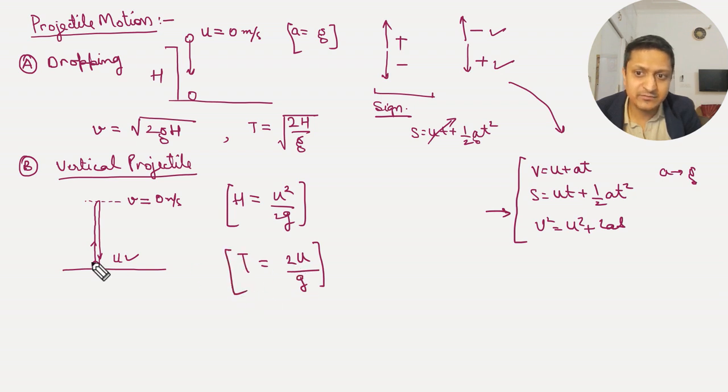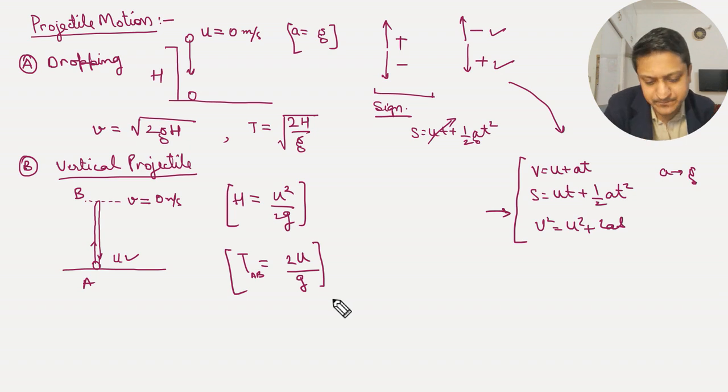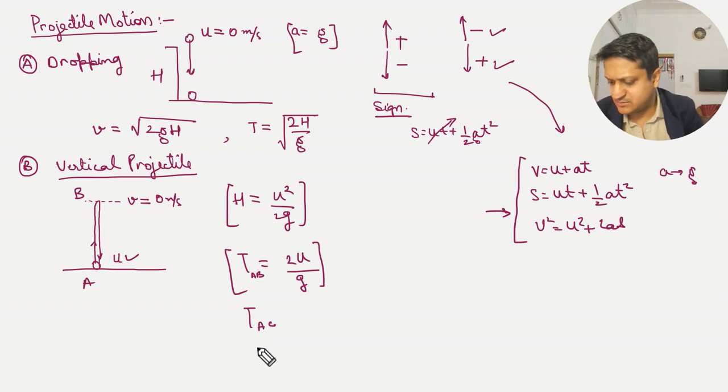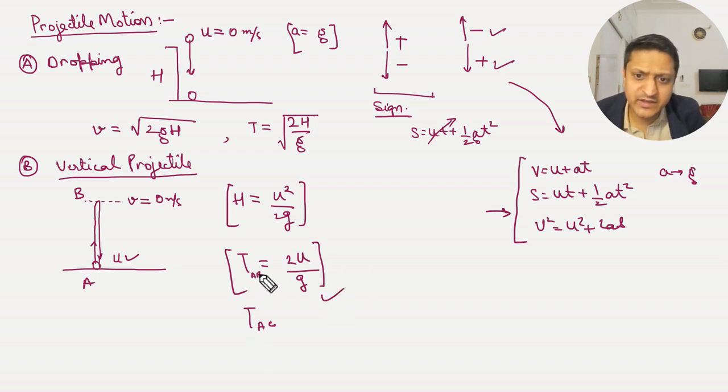This time is the total time, from A to C. A to B would be the same going up and down, obviously, so A to C is the total time, and the time A to B would be u by g.